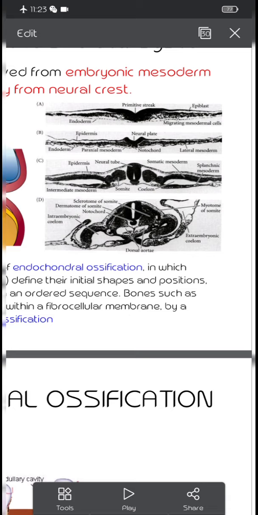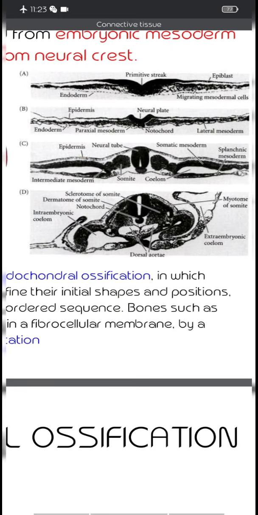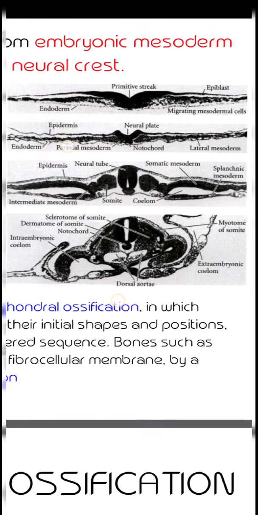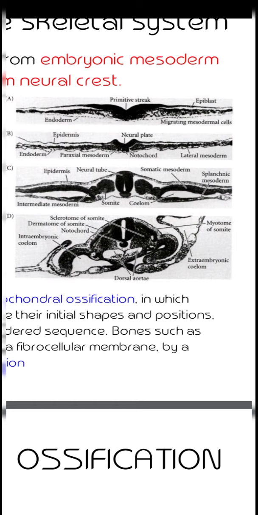Then a primitive streak and neural plate is formed, just like here. From here a column-like structure arises, that is the neural tube, and the layers are divided from 2 into 3 layers. To count the 3 layers, the outermost would be ectoderm, then mesoderm, and then innermost would be endoderm.